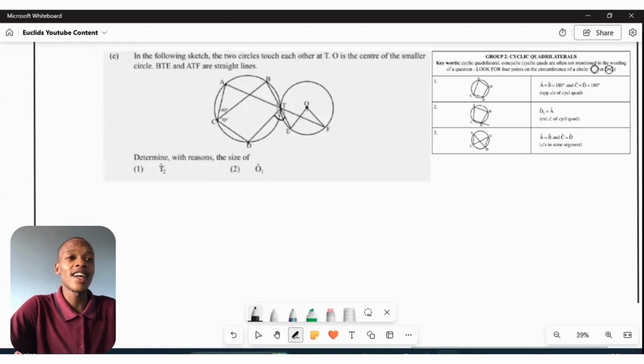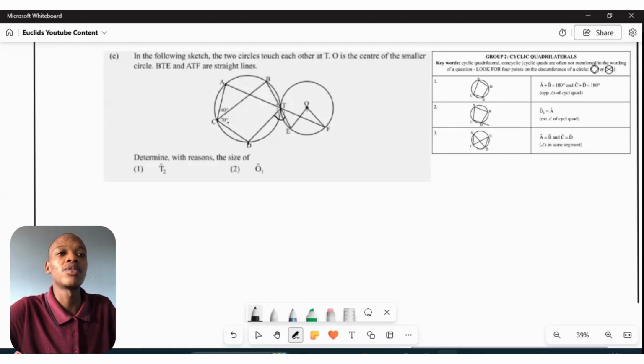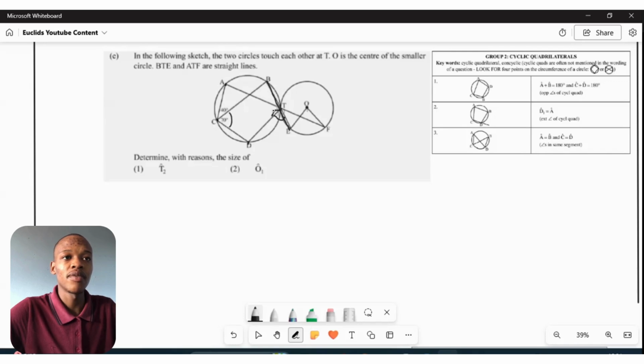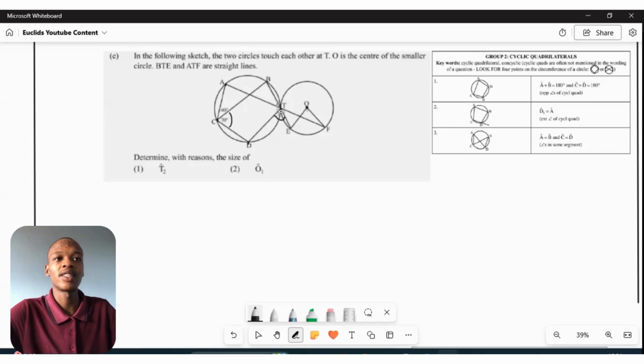So an exterior angle is going to be for that one. Exterior angle T2 is going to be equal to the opposite interior angle, which is 70 degrees. I hope that is clear, because this is a straight line, and then we have an exterior angle here. I hope you can see that.